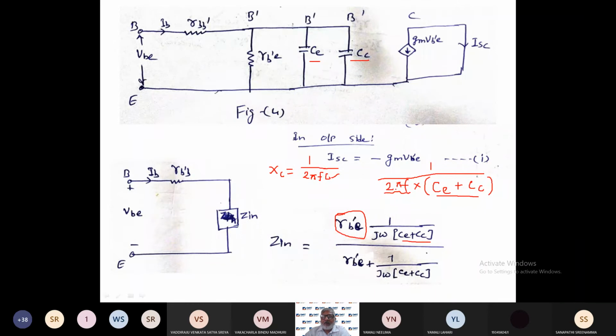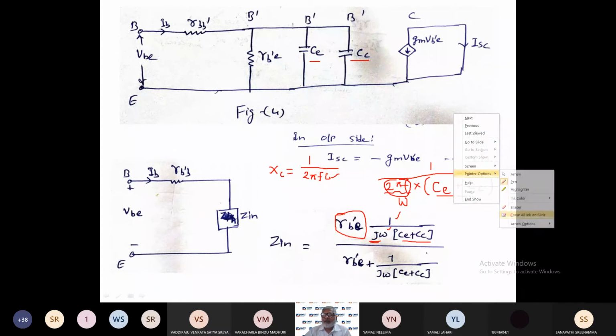Okay. And 2 pi f can be written as omega. So same way I have written here 1 divided by omega CE plus CC, and the imaginary part we have written as j. Right. So in this way we have represented this parallel capacitor.